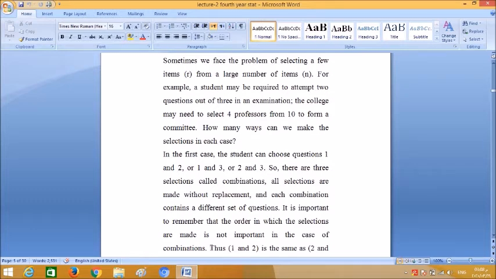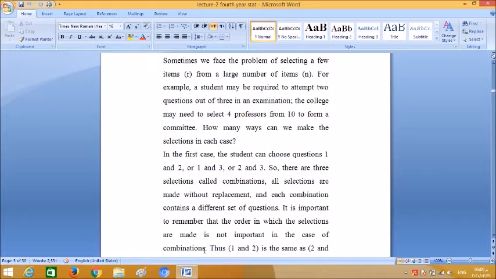So it's important to remember that the order, the arrangement, the rank in which the selections are made is not important in the case of combination. It's only important in the case of permutation, not combination.